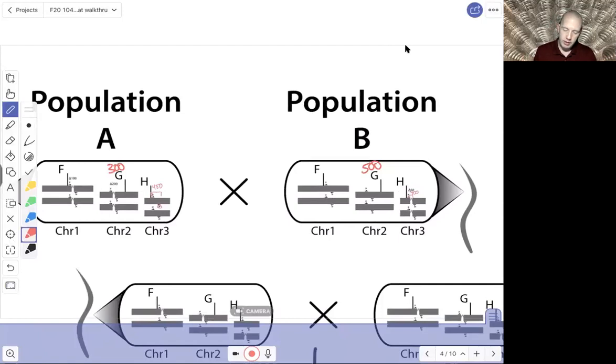And then if we look at the ancestral allele, chromosome 1 in population B, it's, in this example, 350 base pairs long. With the 100 base pair deletion on chromosome 1 in population F, that means the distance between the primers will be 100 base pairs less, or 250 base pairs long.